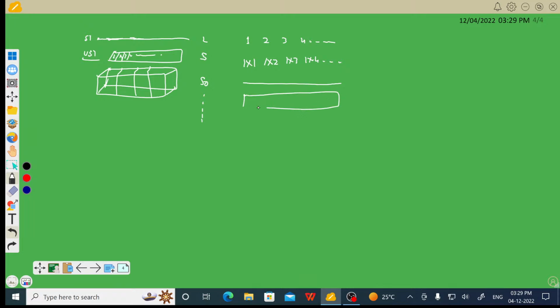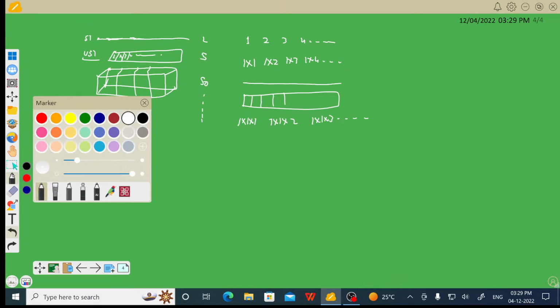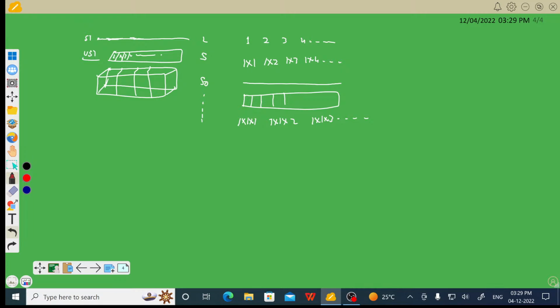We will be having 1 unit area, 2 units area, 3 unit area, and so on. And likewise, we can reach at this value, and it is this way that we can reach from line to plane, and further from a plane we can reach at the solids as well.